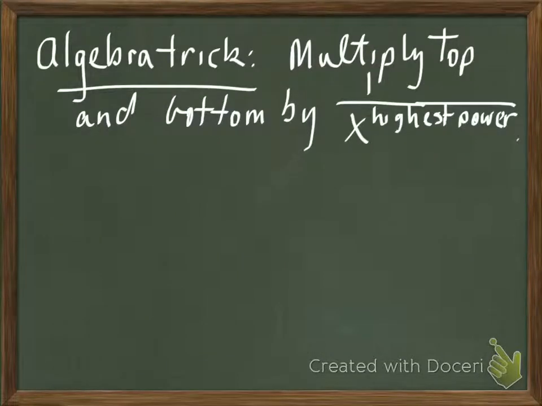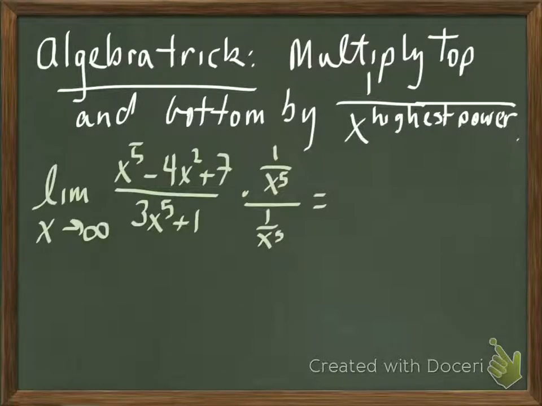And when it comes to having a rational function, we can do a cute little algebra trick. Namely, we can multiply the top and the bottom of our rational function by 1 over x to the highest power that appears anywhere in the function. So in this case, we take the limit as x goes to infinity of x to the fifth minus 4x squared plus 7 divided by 3x to the fifth plus 1.